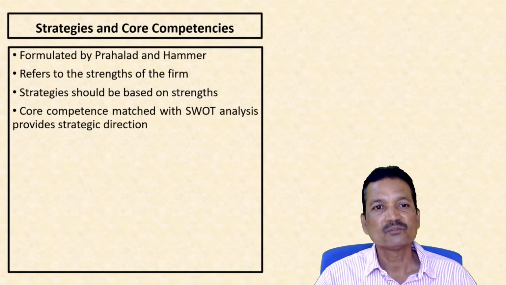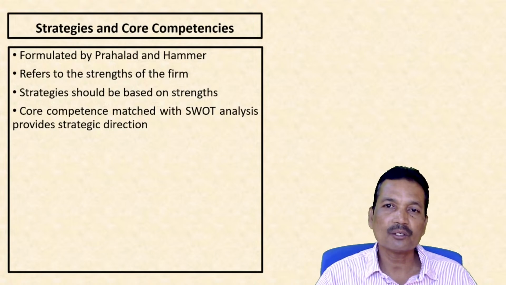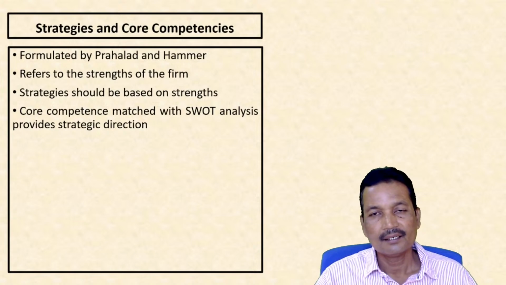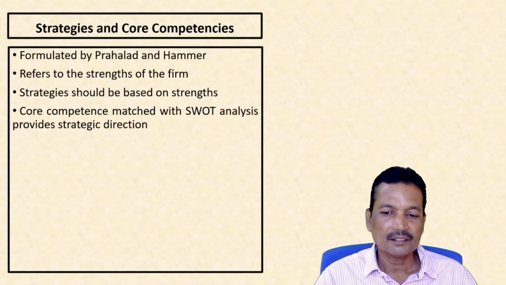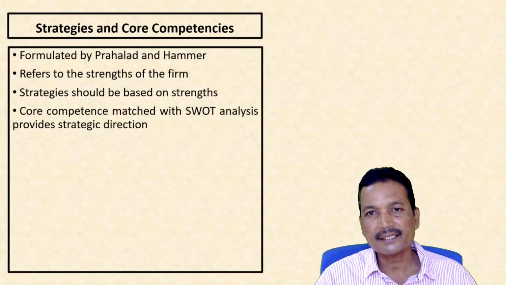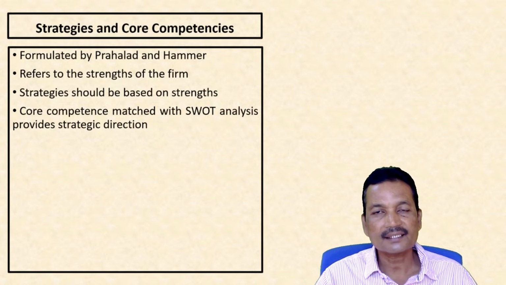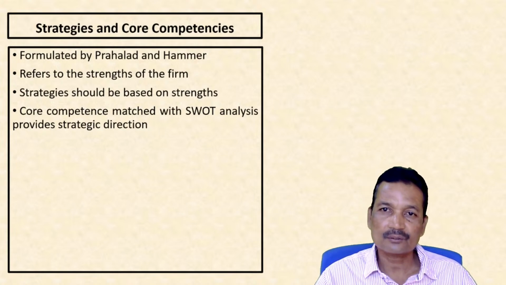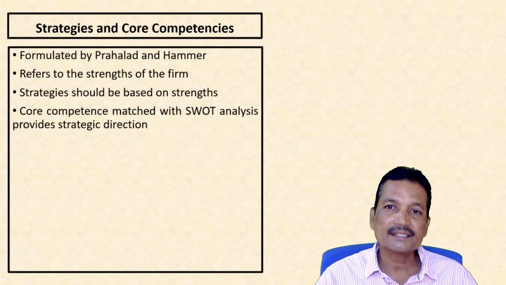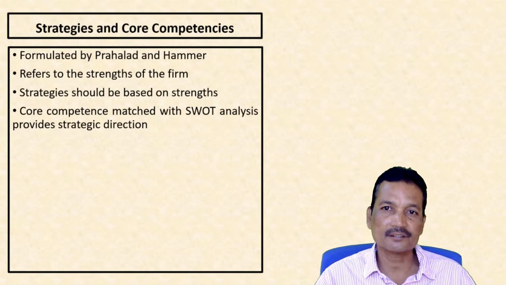For example, when we are talking of core competencies, I may say here that we have a company called Honda. We have seen that Honda came to the Indian market. We saw the motorcycles, then we saw the cars, etc. But Honda in general, its core competency or its strength is the manufacturing of motors, the engines.